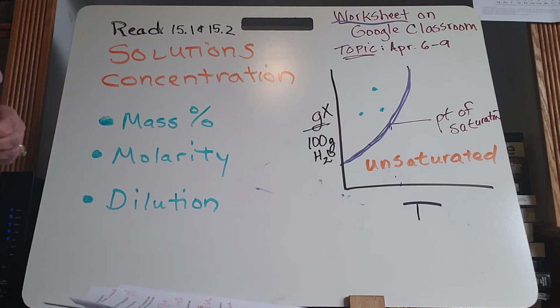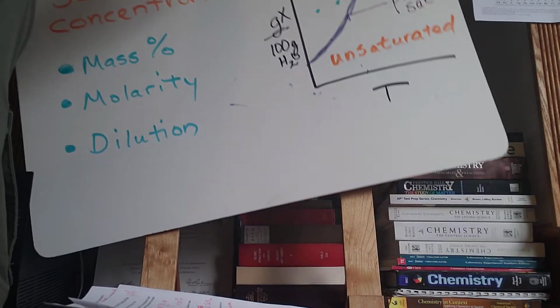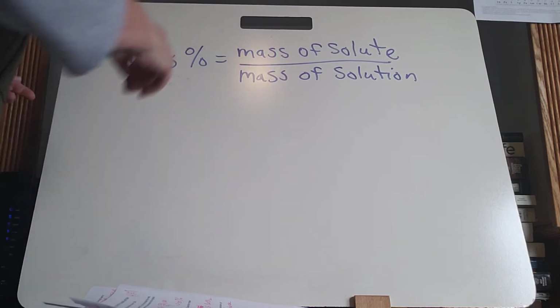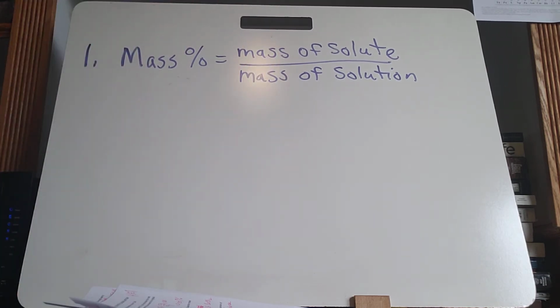We're going to start with mass percentage. This is the formula you want to have written down for mass percentage. It's mass percentage equals the mass of the solute, that's the material I'm putting into typically water, over the mass of the solution.